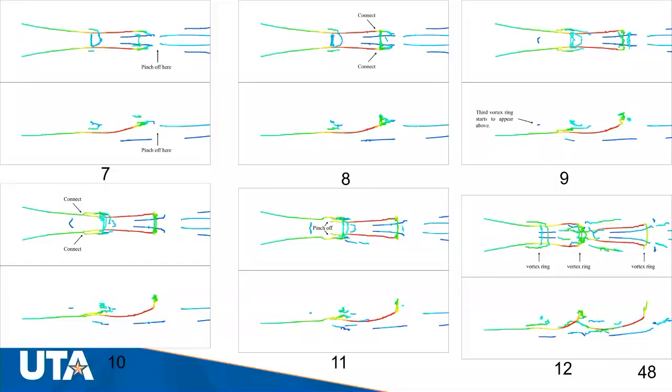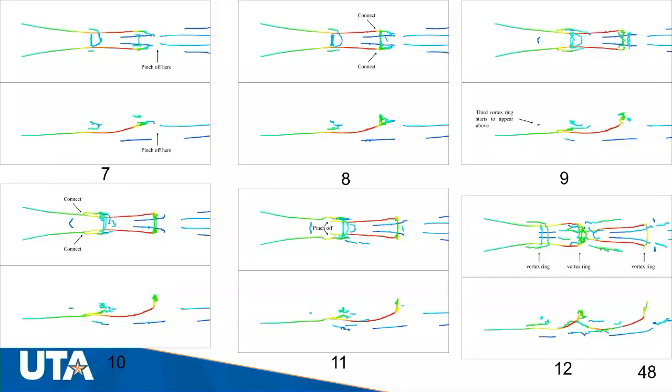So it goes up, and the initial stage of the third vortex ring starts to form. Also the second ring connects to the bottom vortex structure, right? And then these pinch off at the next time, right?